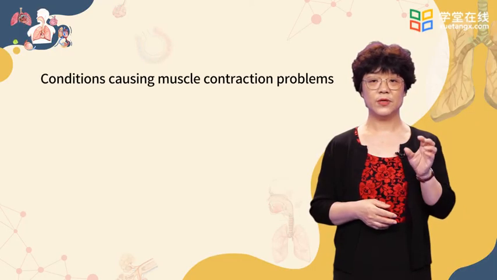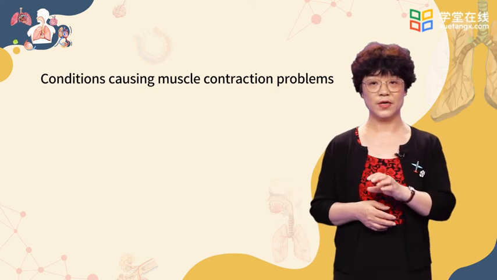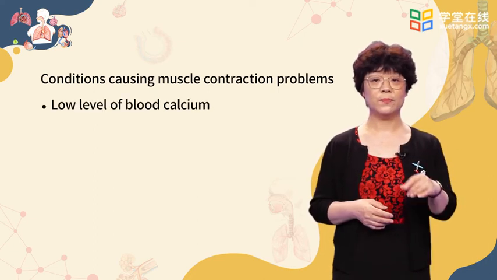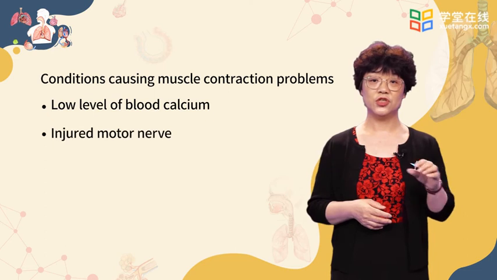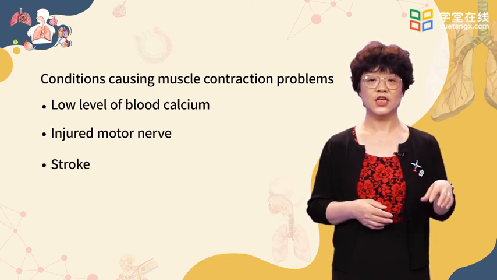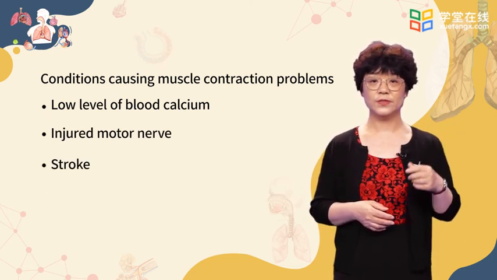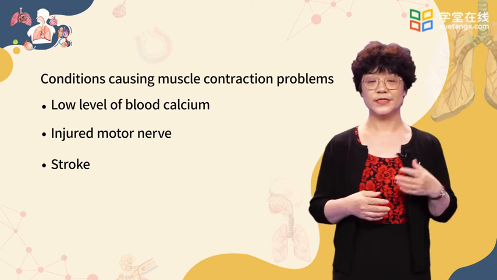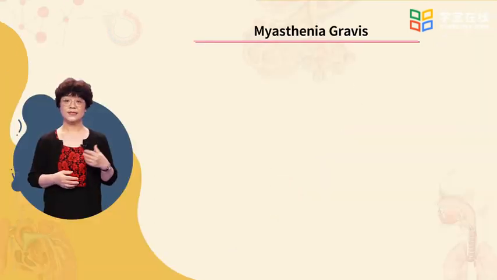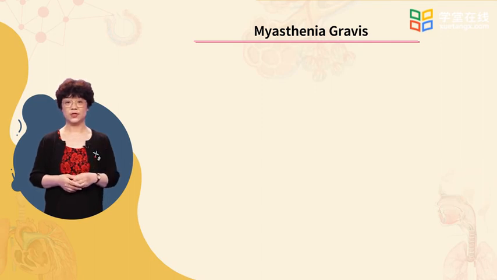Many conditions may cause muscle contraction problems, such as low level of blood calcium, injured motor nerve, or stroke involving the frontal lobes of the cerebrum, etc. Myasthenia gravis is another example of a muscle contraction disorder.